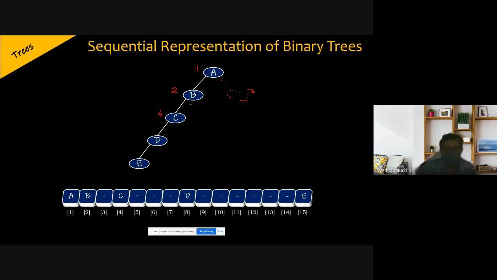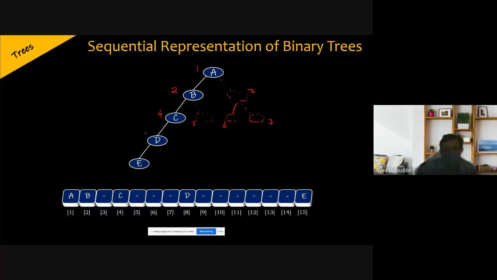And then under B, it could have been a node over here, which would have been 5. There could have been a node here, which would have been 6. There could have been a node here, which would have been 7.